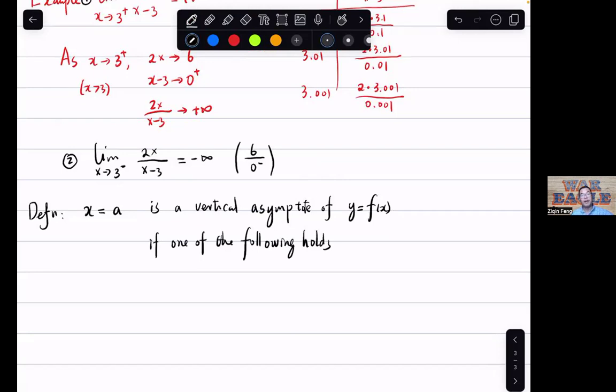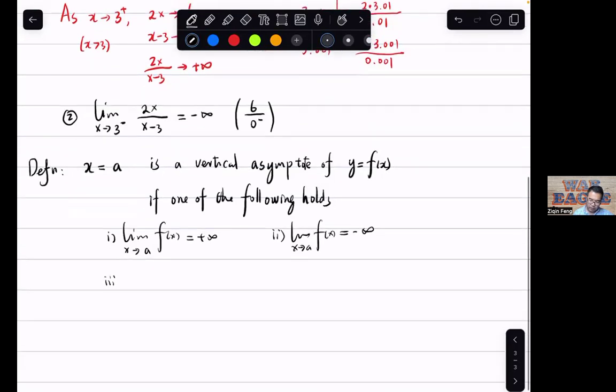There are many ways, 6 ways actually. The first one is as x goes to a, f of x is infinity. The second one is as x goes to a, f of x is negative infinity. The third one is as x goes to a on the right side, f of x is infinity, approaching the vertical line on one side from the top.